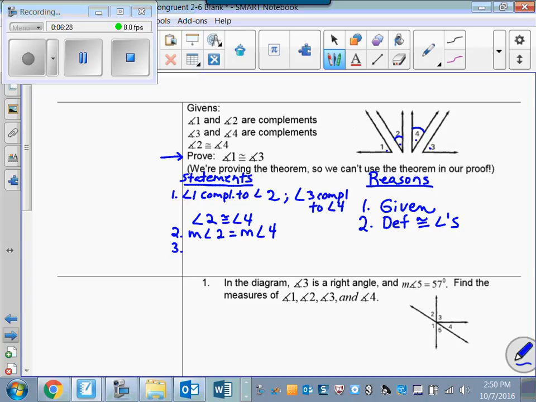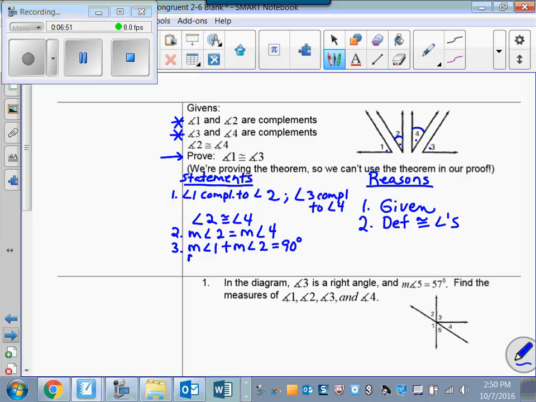All right, so now I'm trying to do something with complementary angles. So I'm just going to start with this given statement right here. And I'm going to say the measure of angle 1 plus the measure of angle 2 equals 90 degrees. And then I'm going to do it again for this statement.